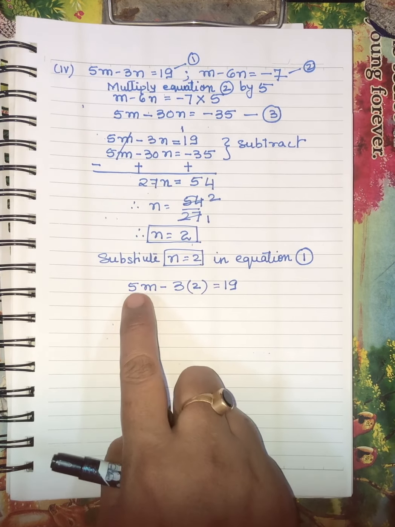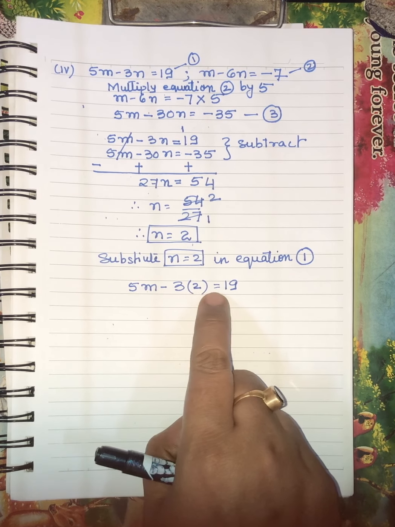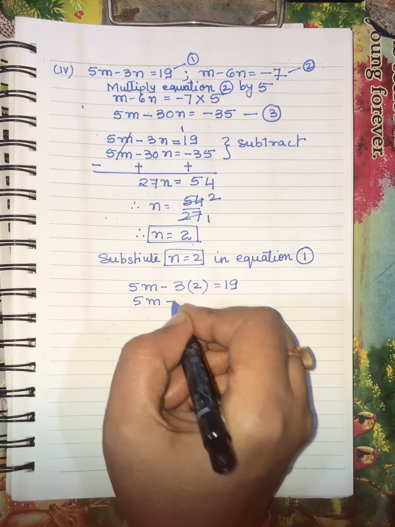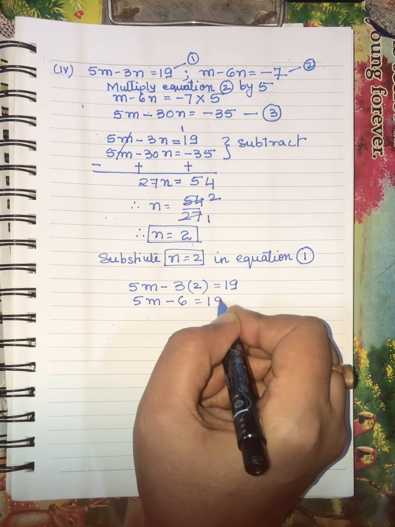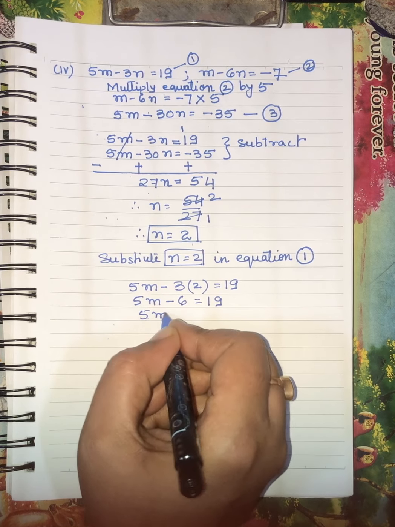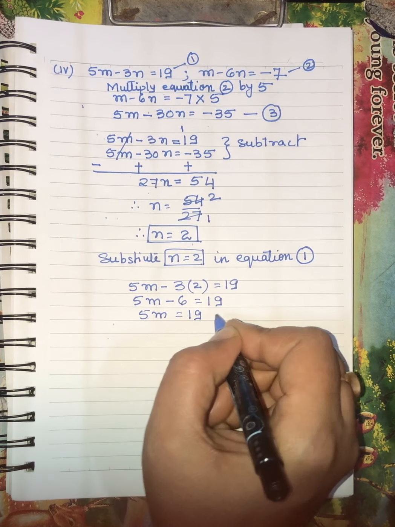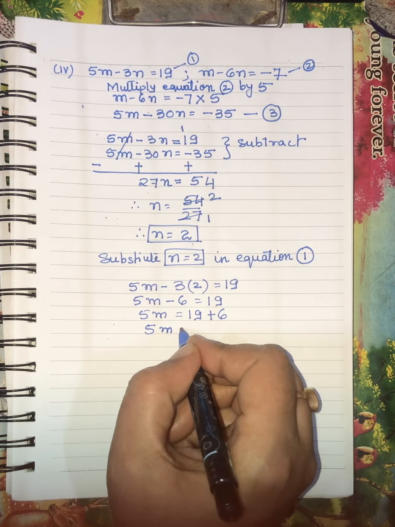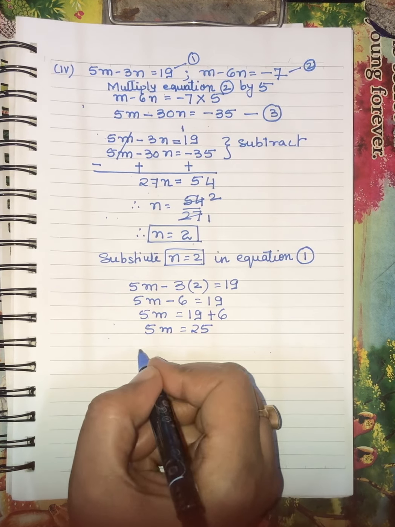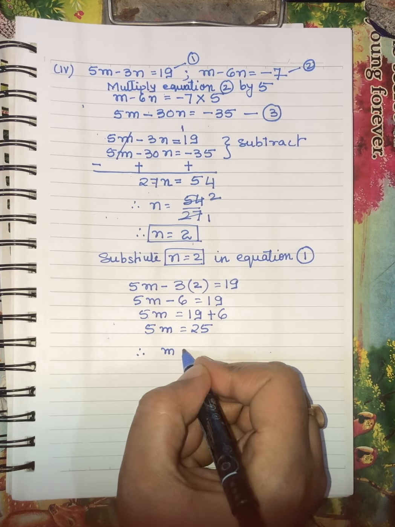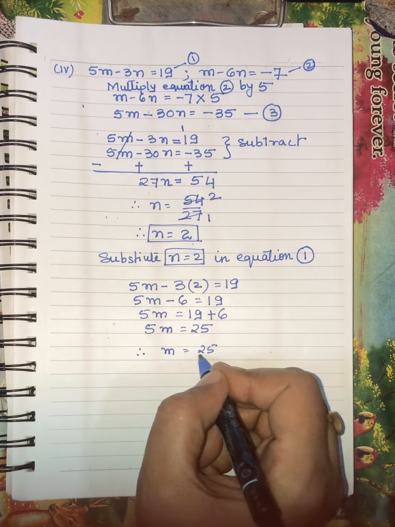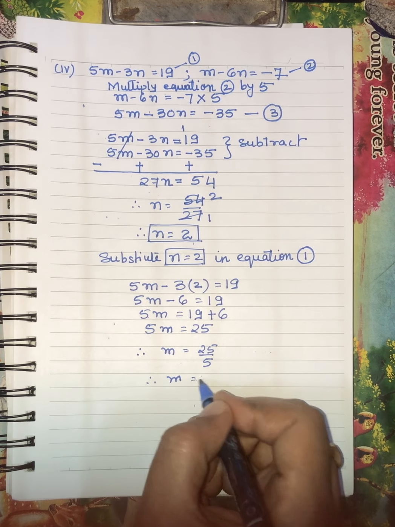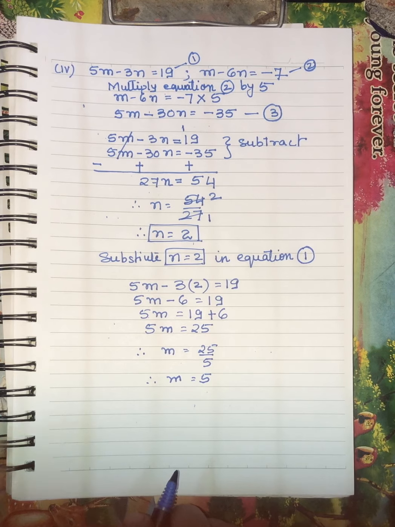So 5m minus 3 into 2 is equal to 19. That gives us 5m minus 6 is equal to 19. 5m is equal to 19 plus 6. Therefore, that gives us 25. Hence, m is equal to 25 upon 5, which again gives us m is equal to 5.